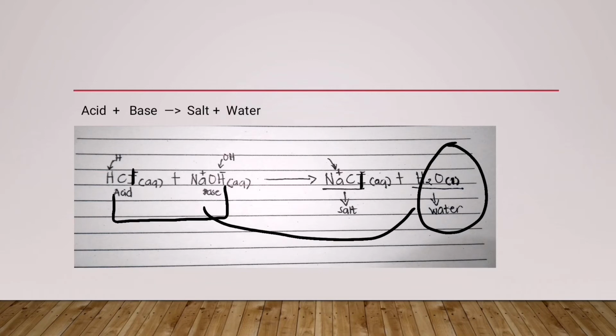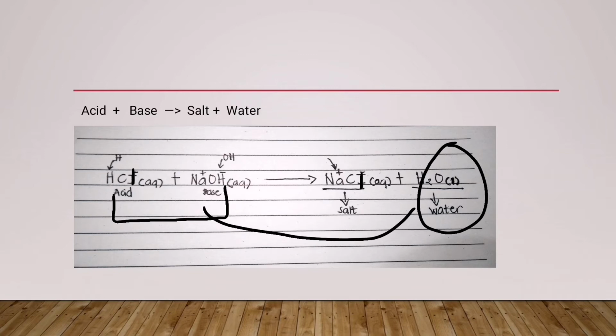Then the positive ion. Remember that sodium is positive and the hydroxide is the negative one. And the chloride, which is the Cl, is the negative ion here, and the hydrogen is the positive one.